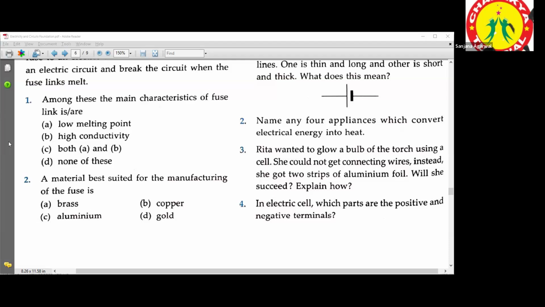Okay, the material should have high conductivity and it should have a low melting point also. Fuse wire is generally made of an alloy of tin and lead.